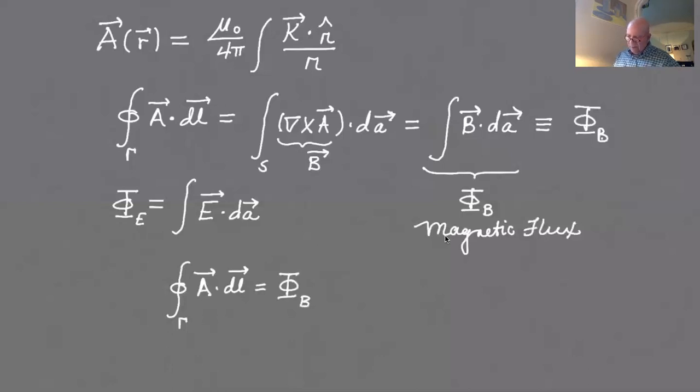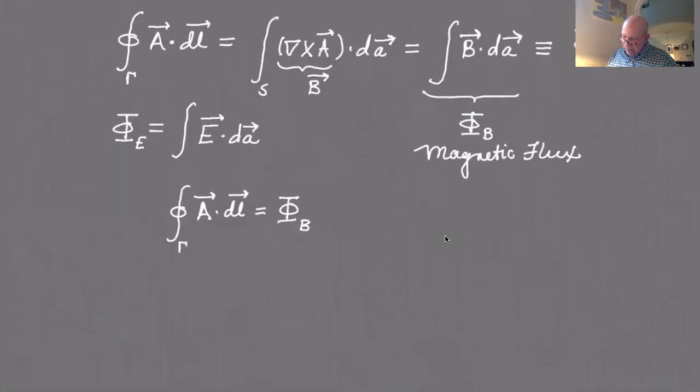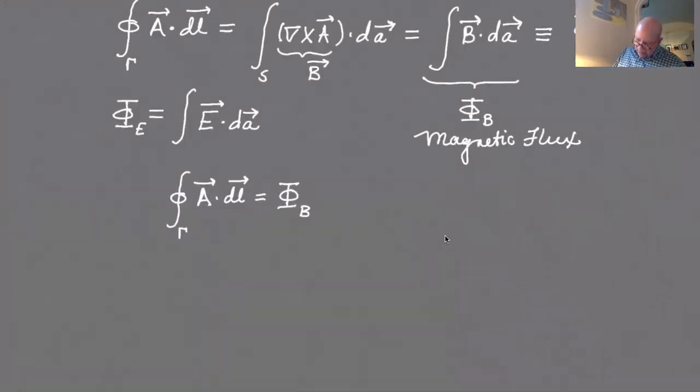And that's going to be our workaround for not being able to use the equation above. Okay, so let's begin to explore that just a little bit. So first, inside the solenoid.